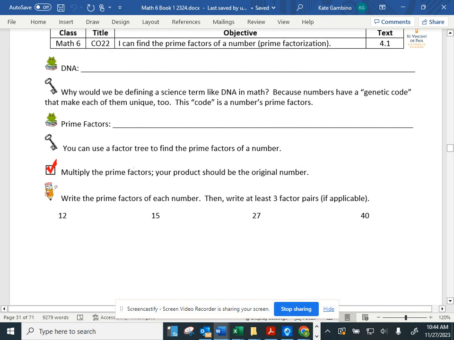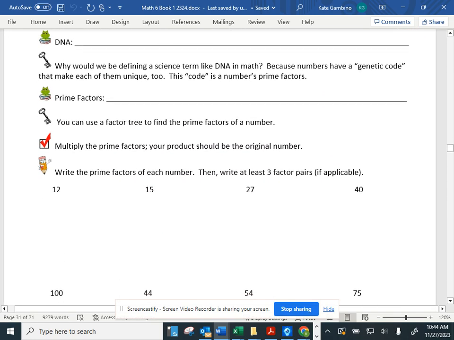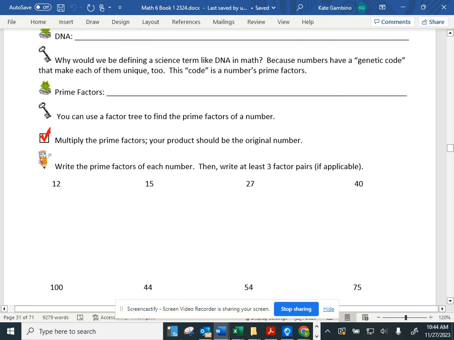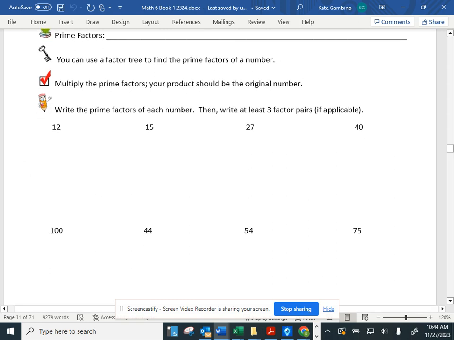CO22, prime factorization. So those prime factors, remember when we break it down to all the primes. So remember that for prime factorization, we make the factor tree.